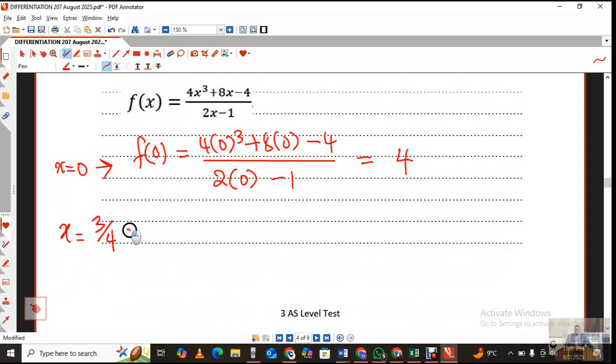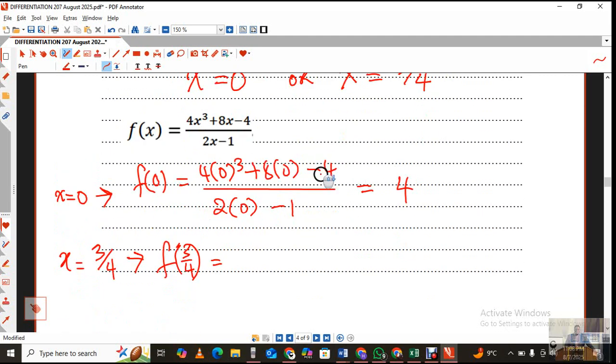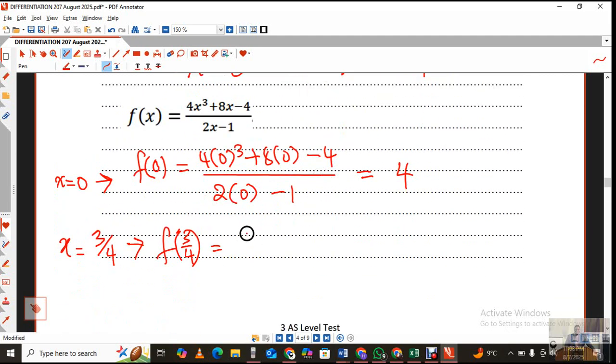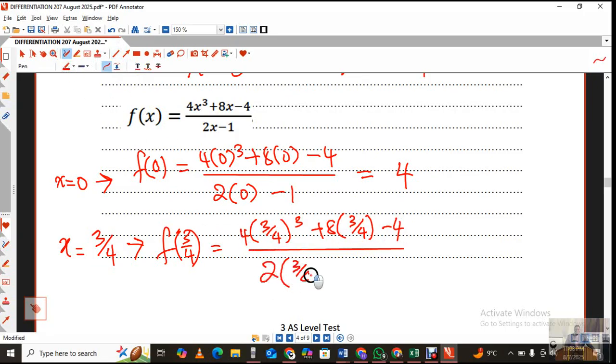Another one, when x is equal to 3/4 from before. So we're going to do f of 3/4, putting 3/4 everywhere we have an x in our function. Just make sure of that point, 3/4. Let's see what we are going to get. So we've got 4 times (3/4) cubed, plus 8 times 3/4, take away 4, all of that divided by 2 times 3/4, take away 1.